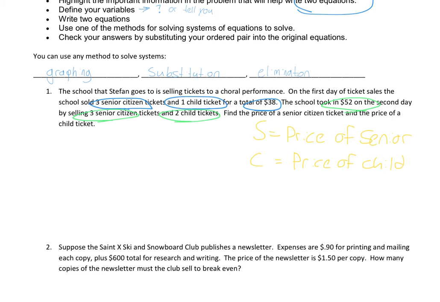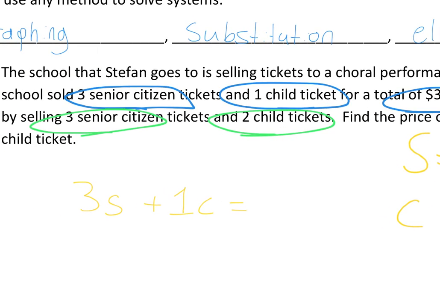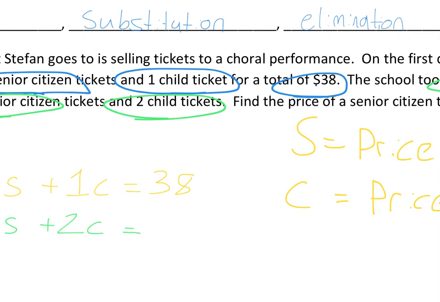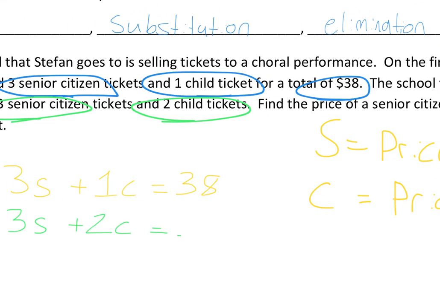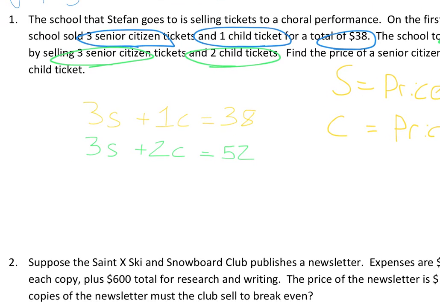And then if we just substitute those variables in, they bought 3, I'm here in blue, 3 senior citizen tickets and 1 child ticket. Part whole. Now for the green, 3 senior citizen tickets, 2 child tickets, and they said that was $52. So there are the systems of equations for that.